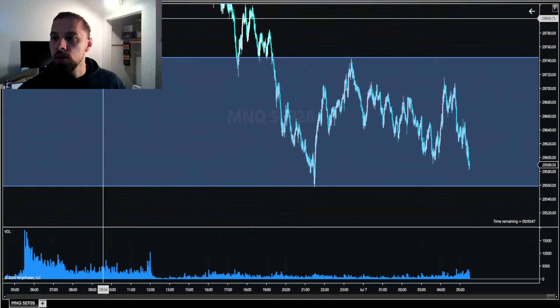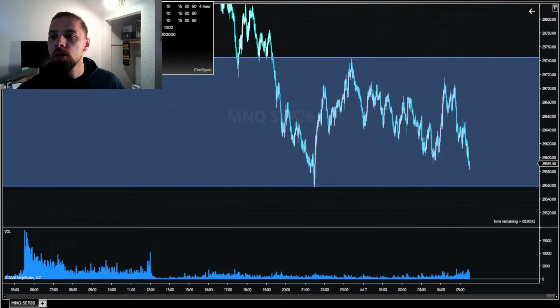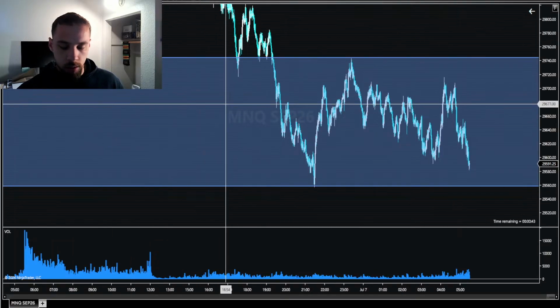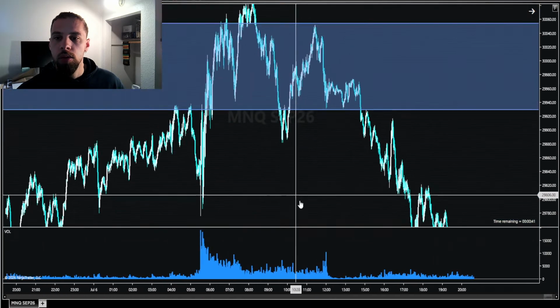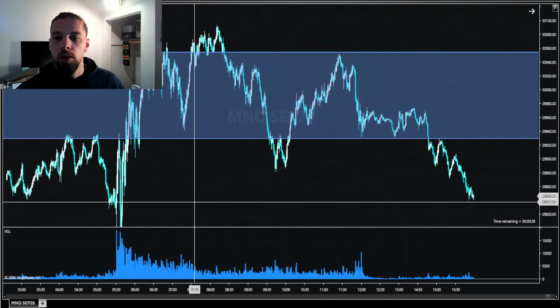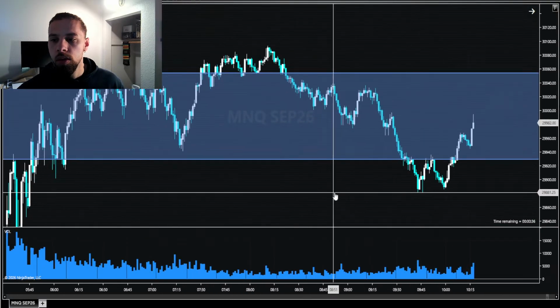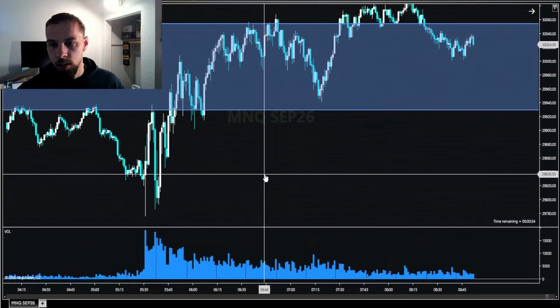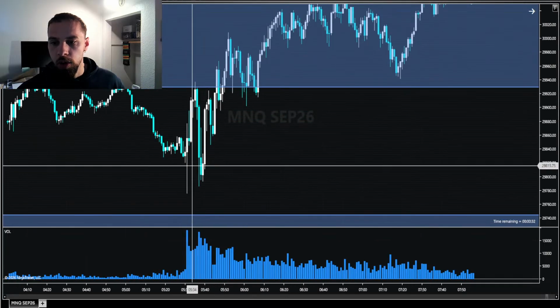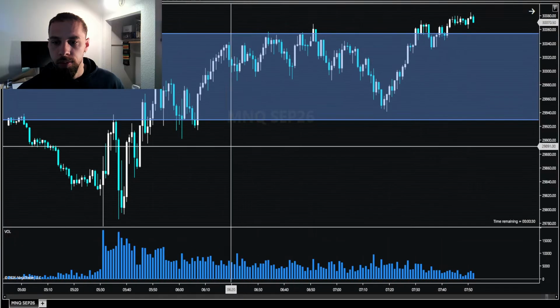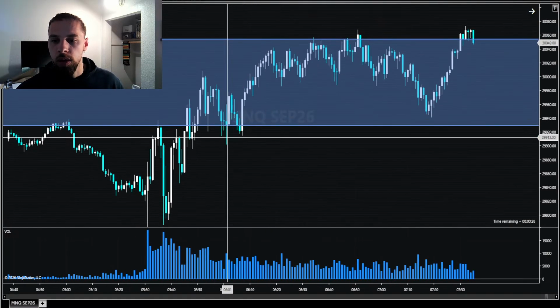So let's go back and just look. So the 1-minute chart. This is the market open yesterday. I took a short and got filled right here.